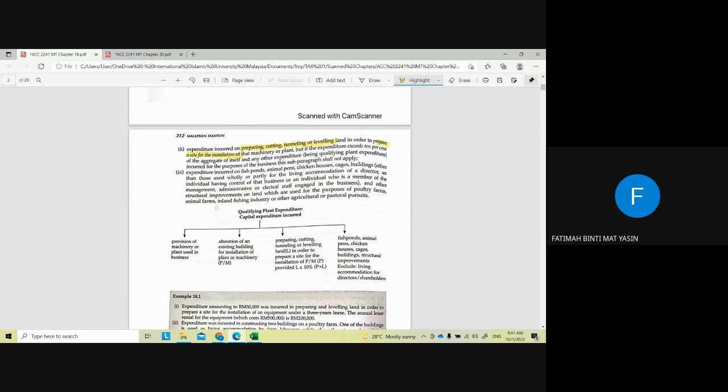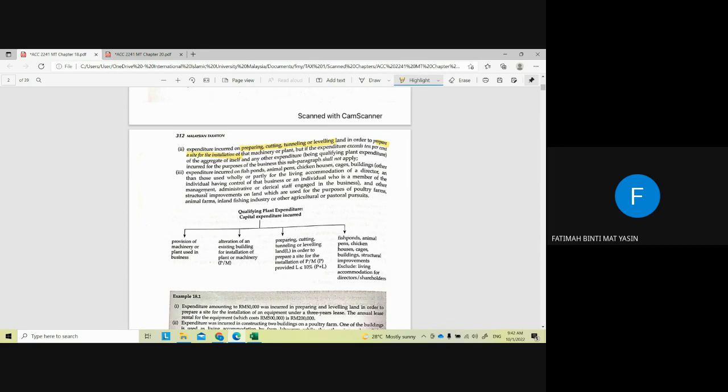Number three, if the company incurred expenditure on fish ponds, animal pens, chicken houses, cages, buildings, other than those used wholly or partly for the living accommodation of a director, an individual having control of that business, or an individual who is a member of the management, admin or clerical staff engaged in the business, and other structural improvements on land which are used for the purposes of poultry farms, animal farms, inland fishing industry, or other agricultural or pastoral pursuits.